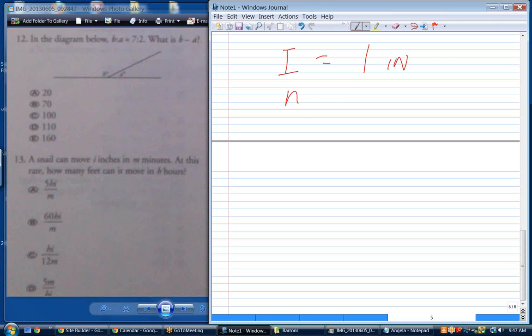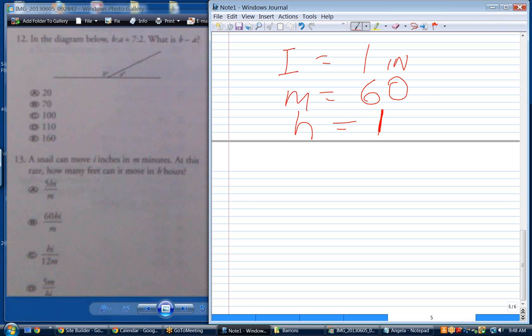And then minutes 60, or 1. And then feet, I was going to change to 12 inches. And 1 hour I was going to change to 60 minutes. Okay. You need to pick an H. So let's pick an H of 1. 1, okay, because 1 hour.